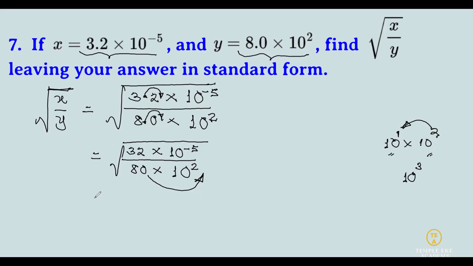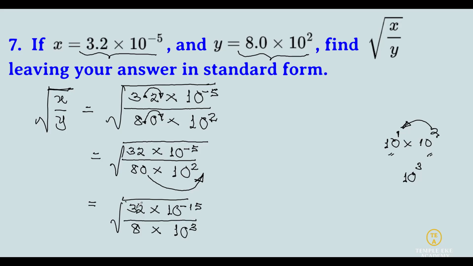Now this can be modified into 32 multiplied by 10 to the power minus 5, divided by 8, remaining there, multiplied by 10 to the power 2 having graduated into 10 to the power 3, as we described here. Now we can tidy this up.